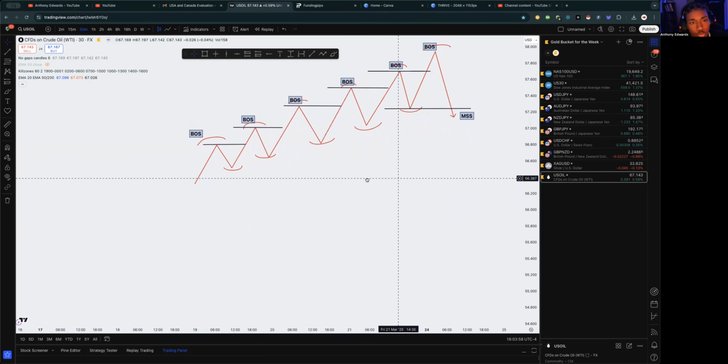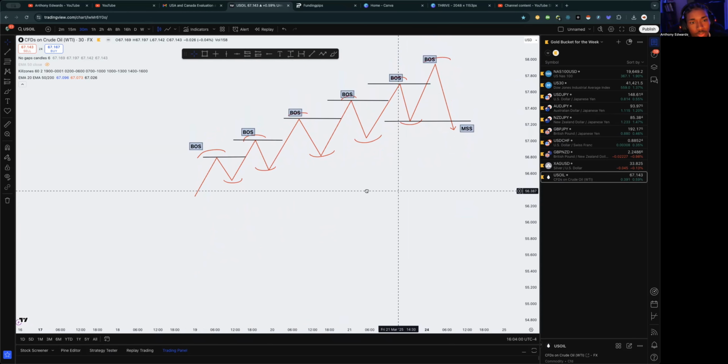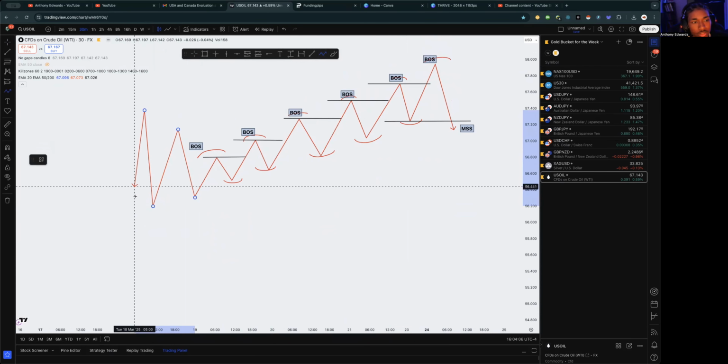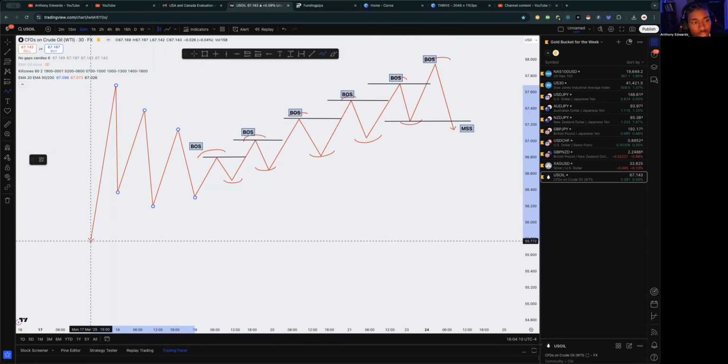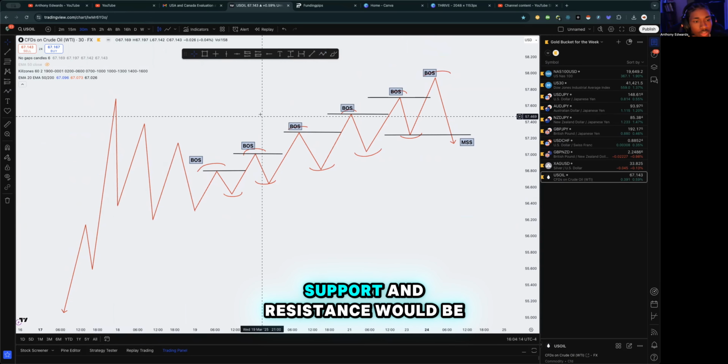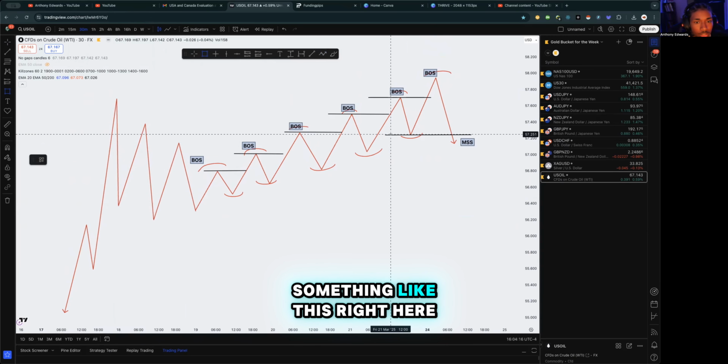Then when you're looking at support and resistance, support and resistance would be something like this right here.